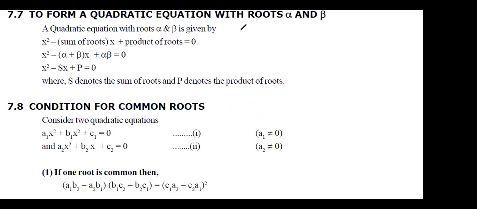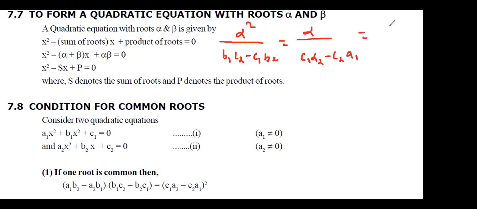Suppose I use the same thing. So what will I get? Alpha squared divided by b1 c2 minus c1 b2 is equal to alpha divided by c1 a2 minus c2 a1, is equal to 1 divided by a1 b2 minus a2 b1.